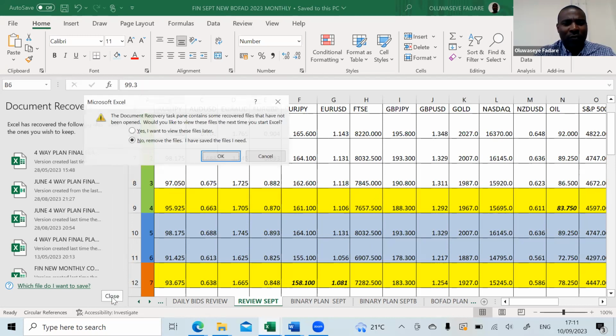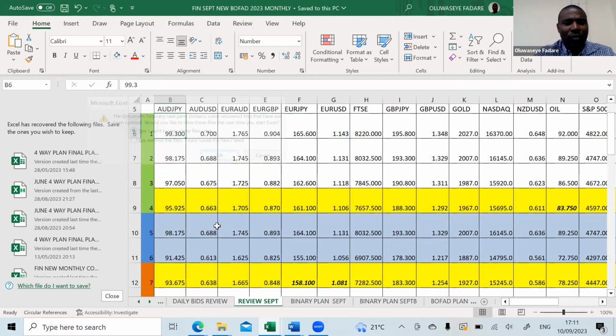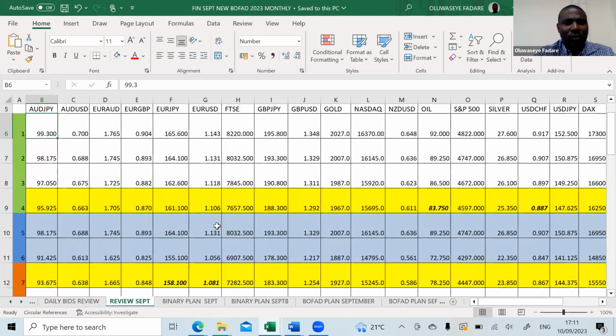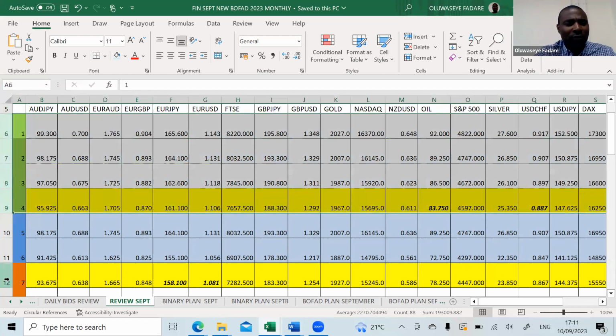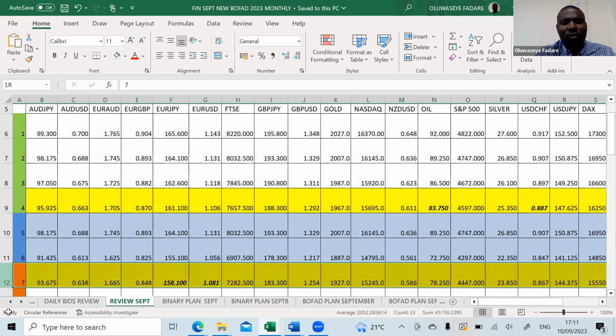So even before the month started, all these data had been computed. As it progresses, that is when we will be able to know what is going to happen to the market. Like I said in my earlier recording, from number 1 to 4 is our position for a buy here, and from number 7 to 10 is our position for a sell.